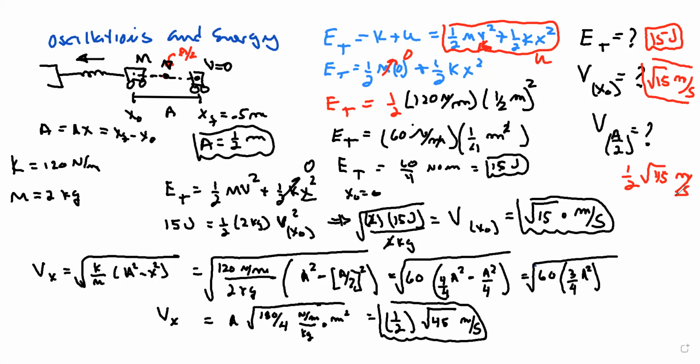And your units are going to work because you got joule over kilogram, and you got to get the square root of that. I'm just working out the units here, and that's going to give you meter over second. Then you got your answer.